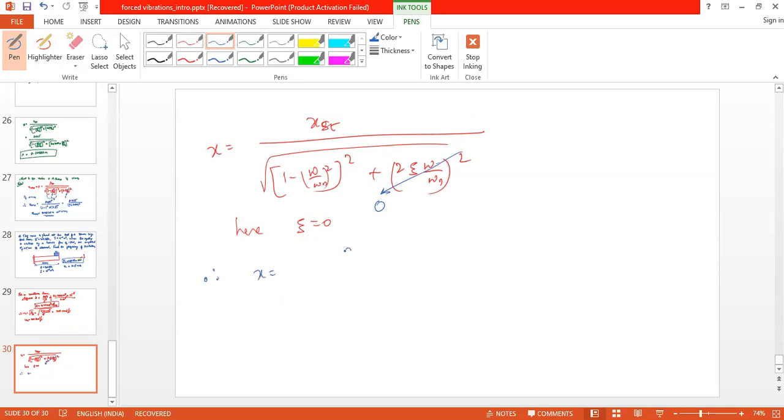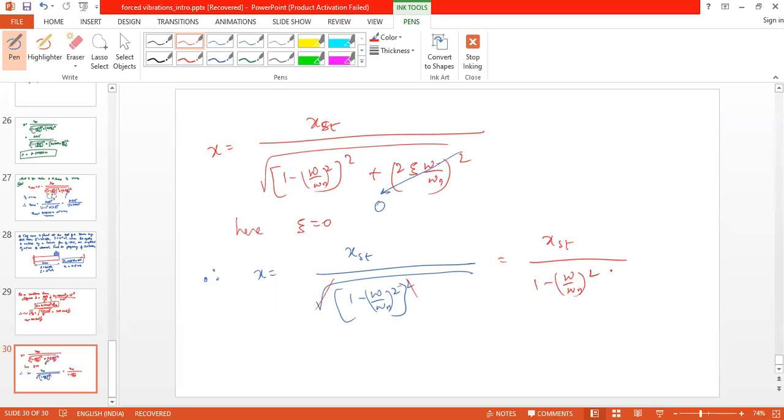Therefore, x is equal to x st divided by root of 1 minus omega by omega n whole square, whole square. Here the square root and square get cancelled, so it is x st divided by 1 minus omega by omega n whole square.